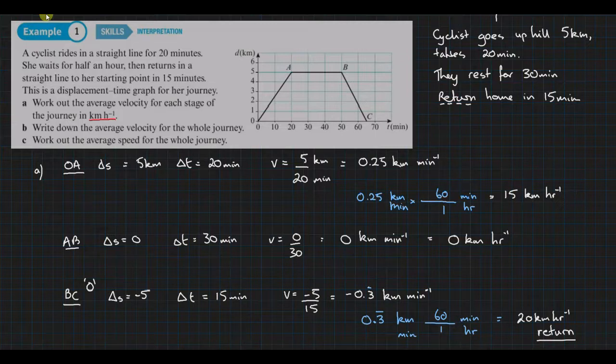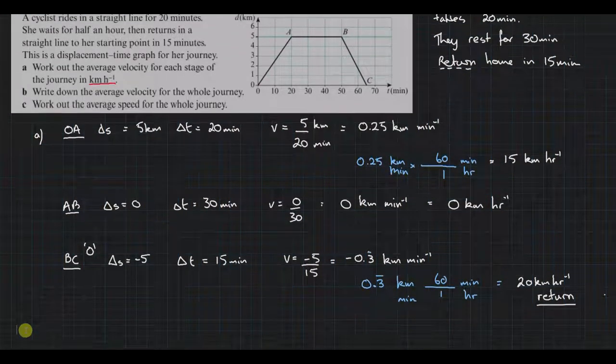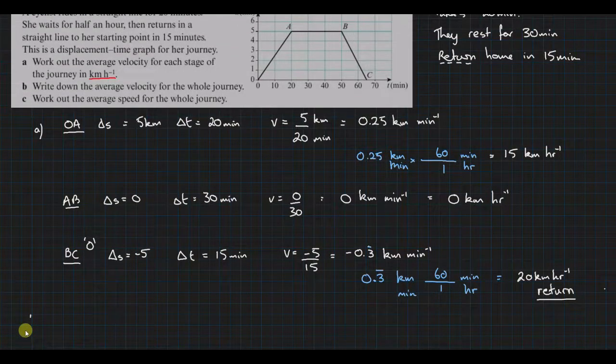So its speed is 20 kilometers an hour, and that was for each stage. If we want to do the velocity for the total journey, part B, average journey from 0 to C directly, delta S equals 0.